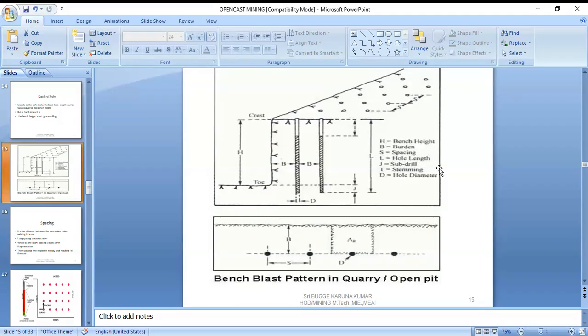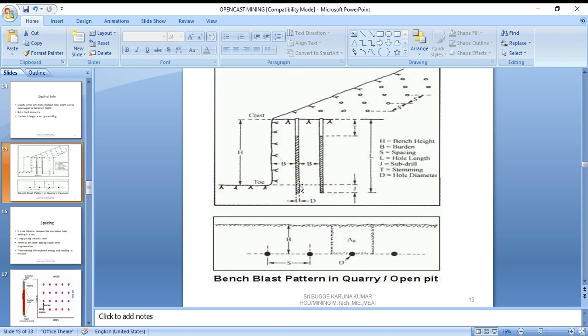Then here is a pictorial view of the bench. For drilling purposes, a number of holes are made with the down-the-hole drill or rotary drill, up to the bottommost bench floor.